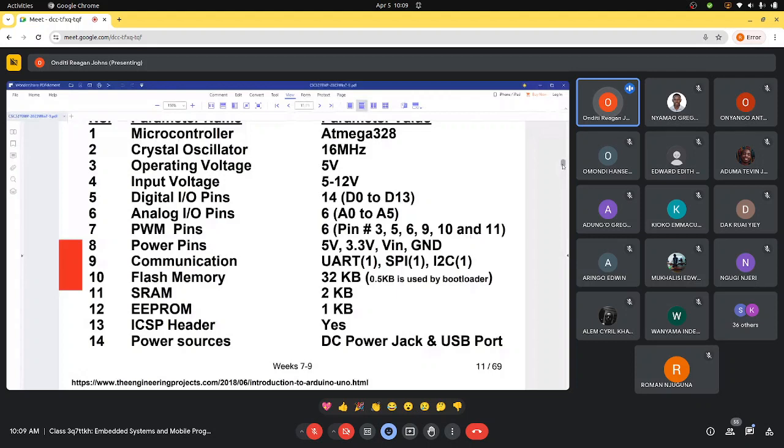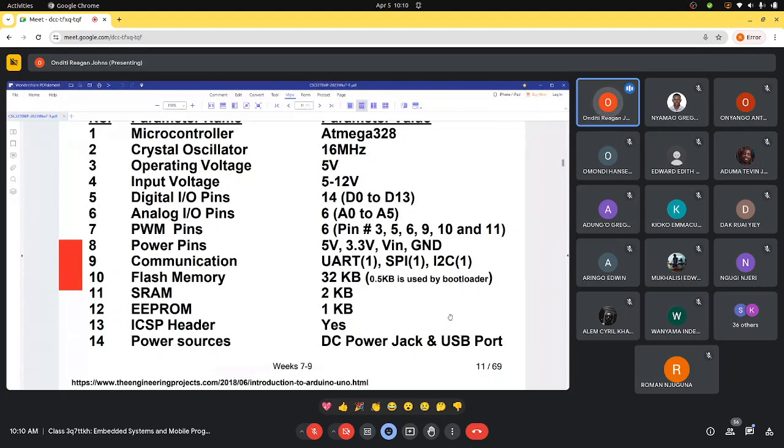It has a flash memory. This is the EEPROM, the programmable memory of 32 KB, and this is where we put our bootloader. The SRAM, the EEPROM 1 kilobyte, and then it has what we call an in-circuit header, which is 1, and then the power source, which we say is the DC jack and the USB port.